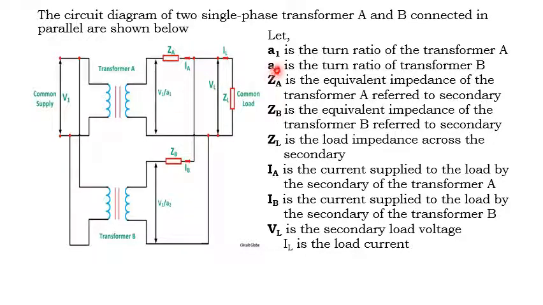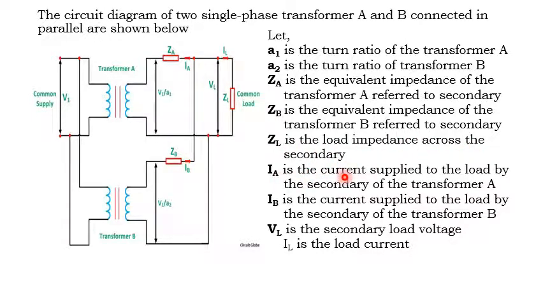Let us consider A1 is the turn ratio of transformer A, A2 is the turn ratio of transformer B, ZA is the equivalent impedance of transformer A referred to secondary, ZB is the equivalent impedance of transformer B referred to secondary, and ZL is the load impedance across the secondary.